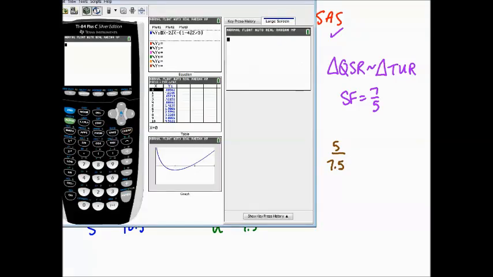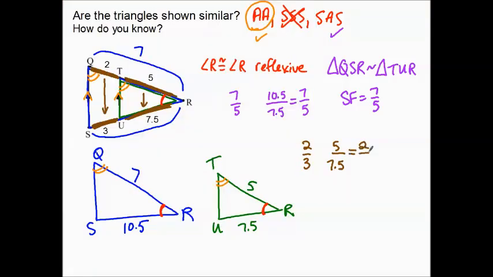I'm going to use this calculator because it's easy to make a fraction with this one. 5 divided by 7.5, and we can either enter right there or go straight into math and frac, and we see 2/3. Well, let's go back to this and see that's the exact same ratio we had from left with left. So the point here is the parallel lines give us more opportunity to match up corresponding parts.